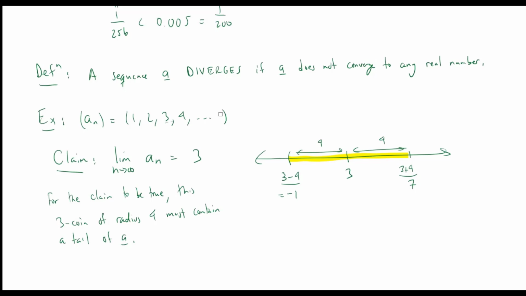Okay, and what's the problem here? Well, let's see. 3, 4, 5, 6, 7, 8, 9, 10, 11, 12. What's happening to these points? If I go out far enough, they're not in that 3 coin, are they? They leave it.